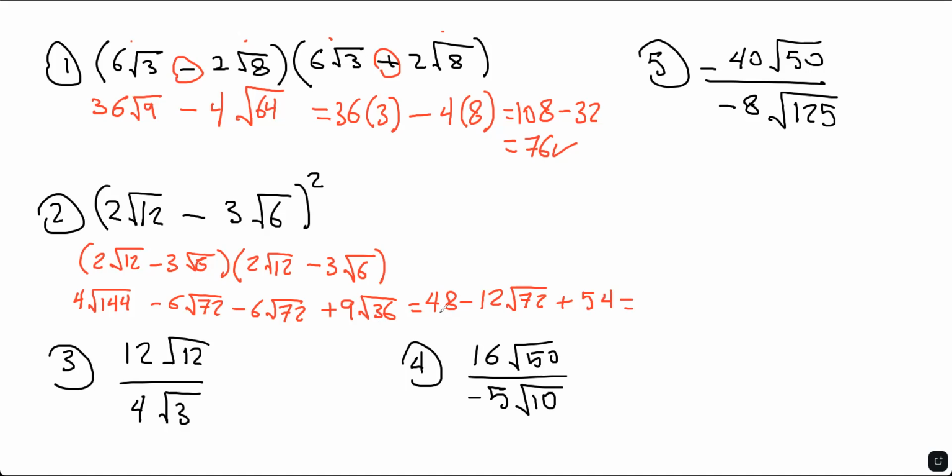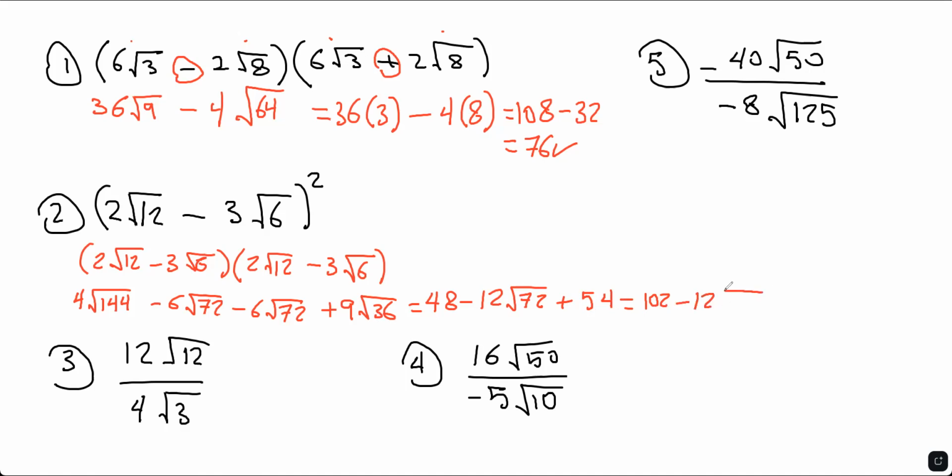It doesn't finish there. Now 48 plus 54, so 4 plus 8 is 12, 1 is a remainder, so 6 plus 4 is 102. Is that right? 60 plus 108. Yeah. Minus 12 root 72.